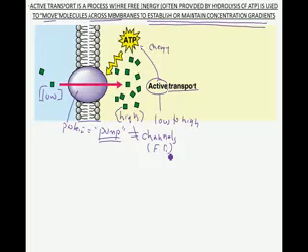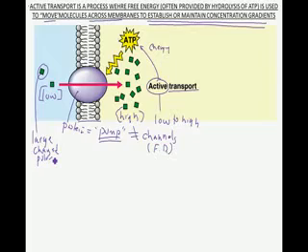So here's an opportunity to look at similarities and differences between these other transport mechanisms, right? This is similar in that I'm using a protein. It's similar in that I'm moving molecules, but it's different in that I'm moving molecules from a low concentration to a high concentration. It's also similar in that typically these solutes tend to be large, charged, or polar.